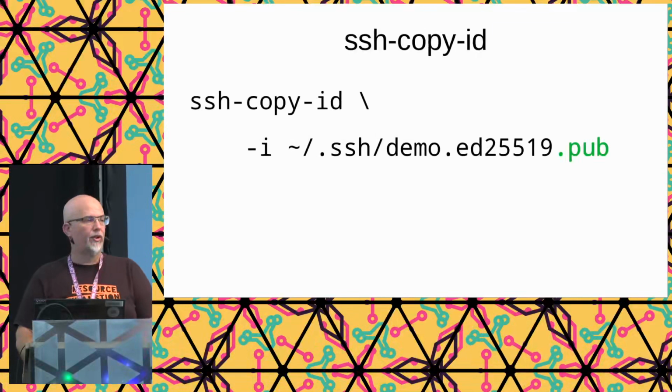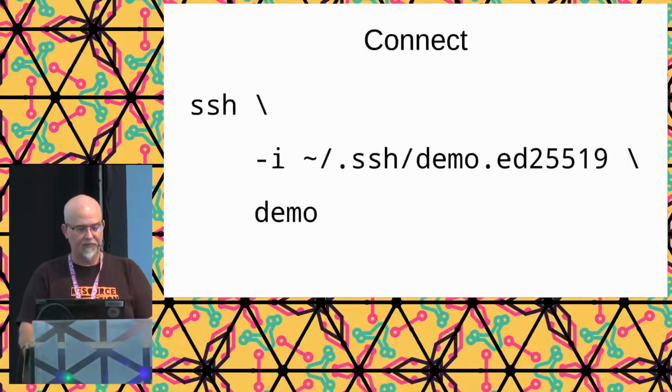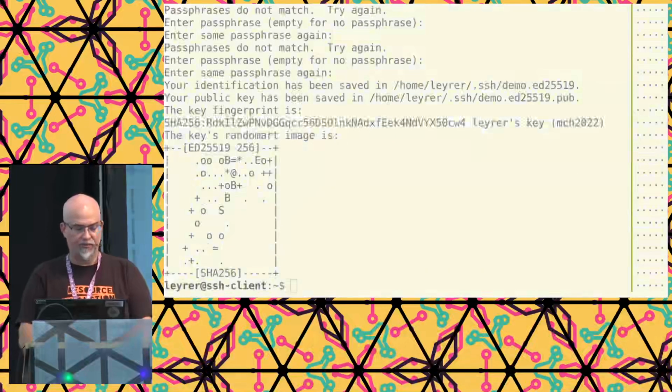And also in newer versions, so if you're on Debian old stable, probably not, but in newer releases, the SSH copy ID file also makes sure that you're not copying the private key to the server, so it's a nice security feature as well.